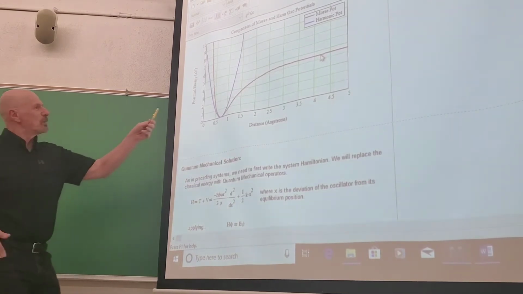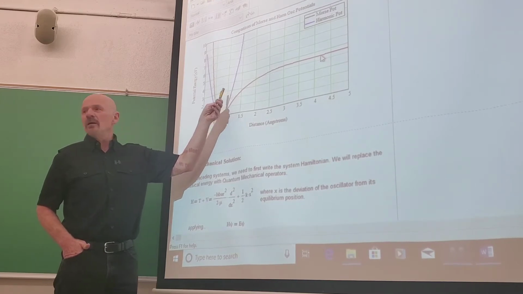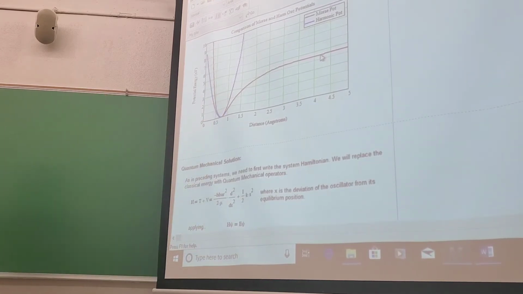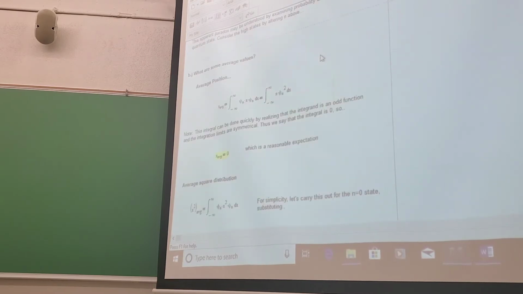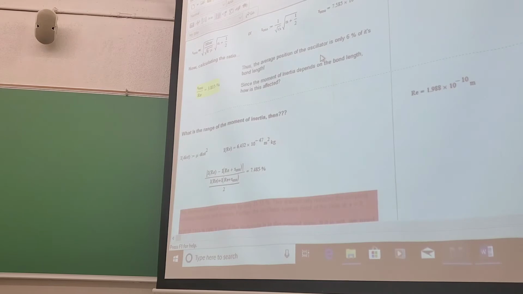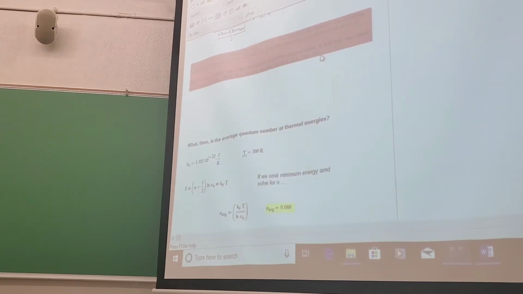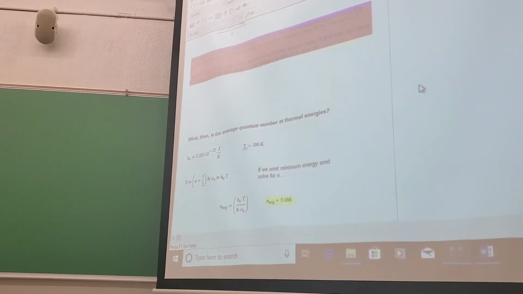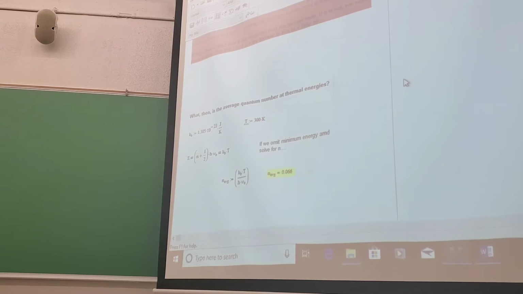It solves the problem of error of being up here, and it also solves the vibrational rotational coupling problem. If the vibration is very broad, then it will couple with the rotation very, very badly. But being that it's in very, very low quantum states, and when we did it at thermal, at KT, we got an average quantum number almost 0, which is exactly what we want.